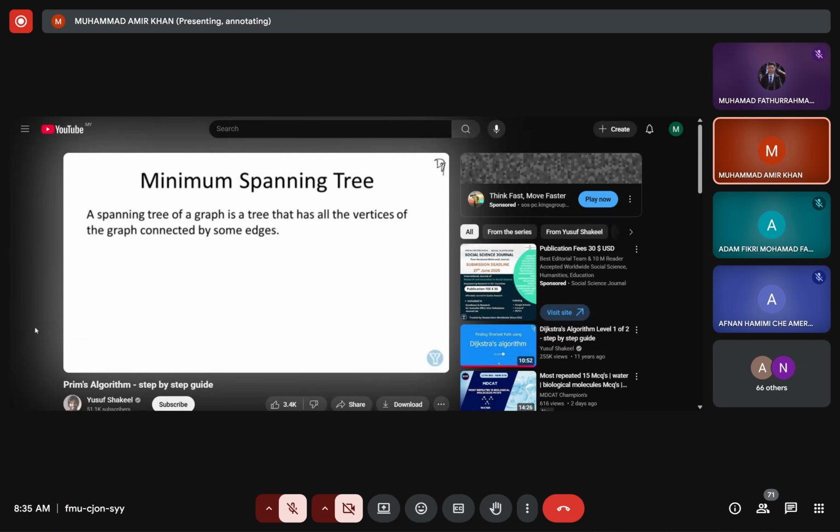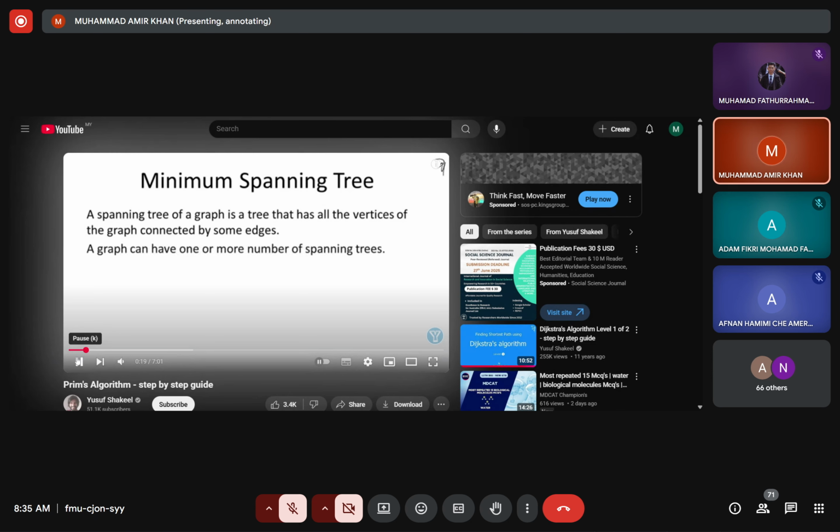This is the definition of a spanning tree. A graph can have one or more spanning trees. Overall, in one graph, we have one or more spanning trees.